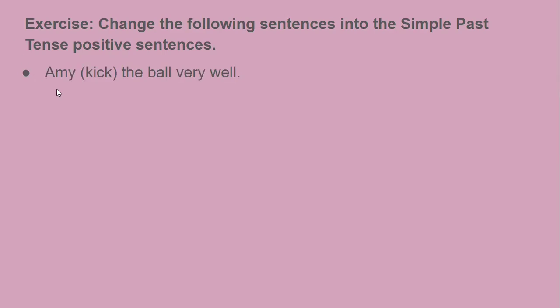First sentence. Amy kick the ball very well. Okay, so what do we need to do here? It's the simple past, and it's a verb sentence because we have a real verb or an actual verb, not a verb to be. We have to change this verb from the infinitive first form into its second form, V2, the past form.